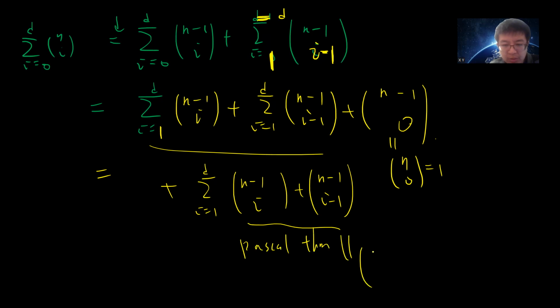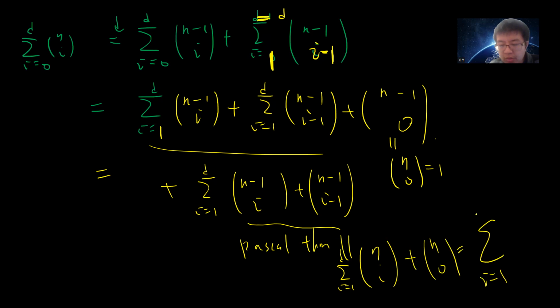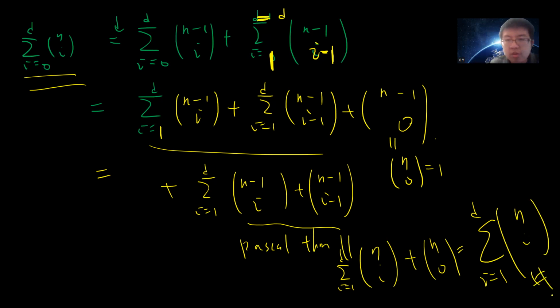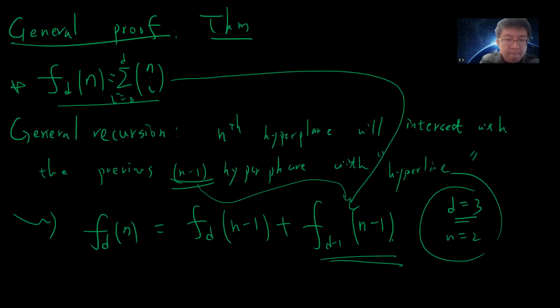These basically give n choose i. So you get the sum from i equals 1 to d of n choose i, plus n choose 0. Combine everything, you get the sum from i equals 0 to d of n choose i. So we finish the proof.